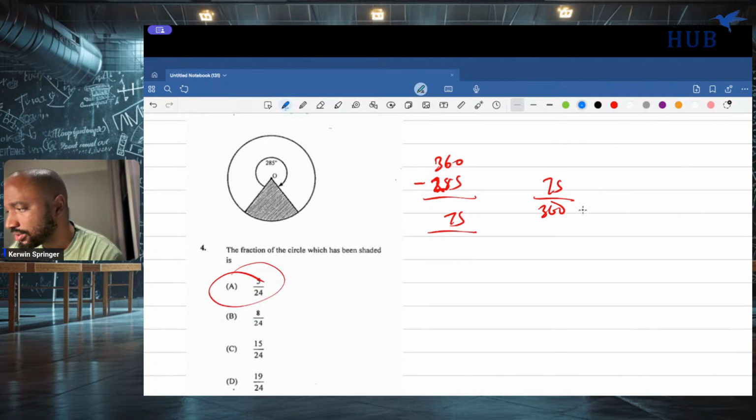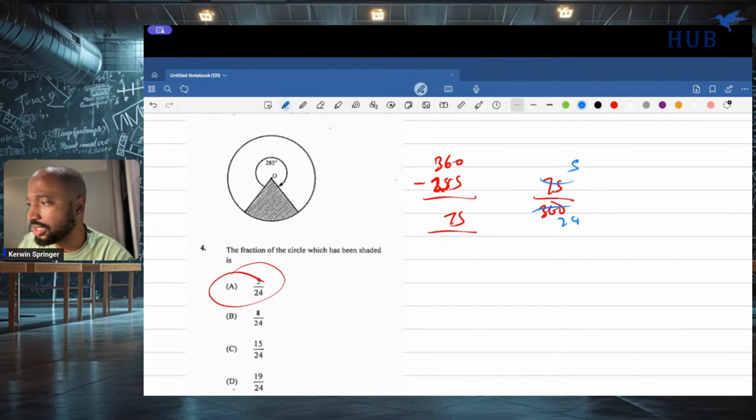I'm trying 15 going into 360, 24 times. So 24 and 15 are going to this 5 times. So 5 out of 24.